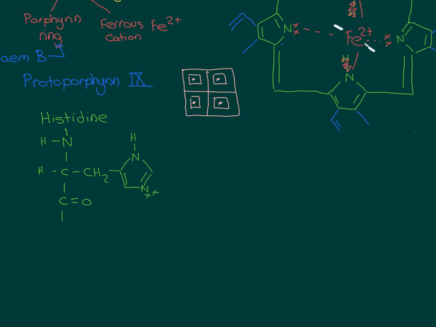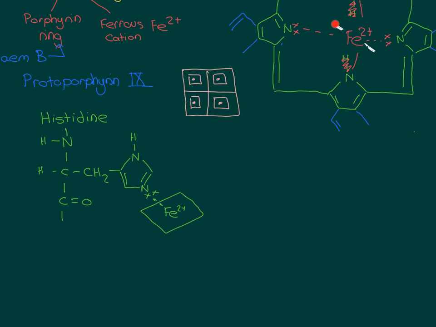So drawing this in, here, this is our heme B group, here is the ferrous cation at the centre, and you can form another one of these interactions that isn't quite a covalent bond, but is certainly an electrostatic attraction there that is enough to hold the heme B attached to the histidine residue between the lone pair of electrons on the nitrogen and the iron cation at the centre.